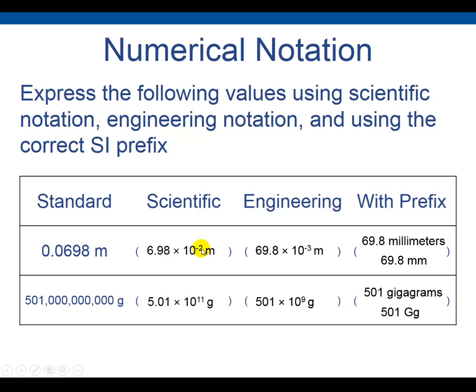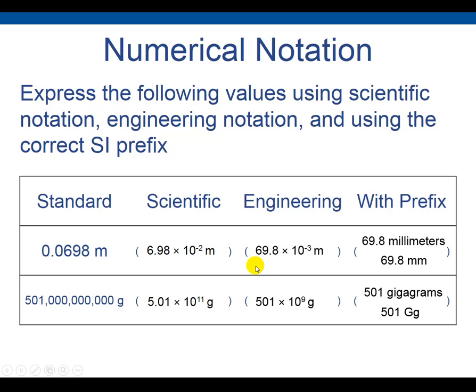If we go to the negative 3rd, then we can create a value like 69.8. How about if we put the 0?